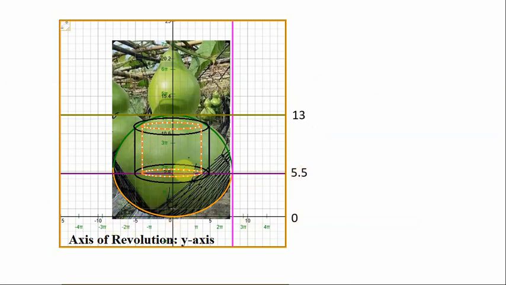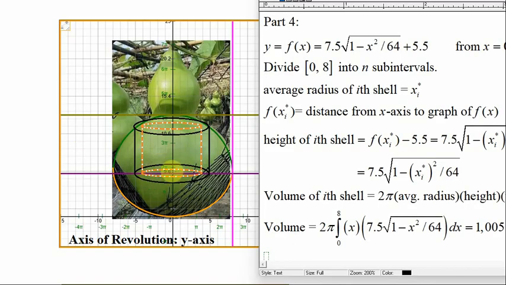We're going to use the shell method. From the y-axis out to here, this is 8. So we're going to divide the interval from 0 to 8 into n sub-intervals. And this would be the ith sub-interval, so this is x sub i minus 1, and this is x sub i.